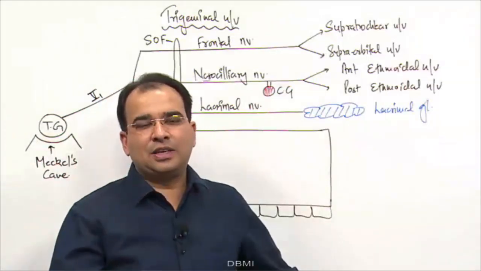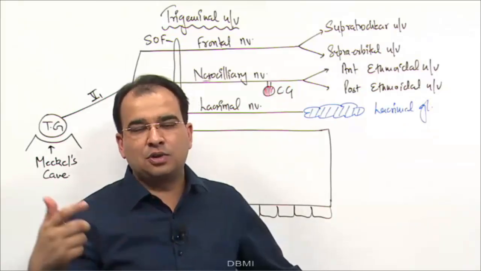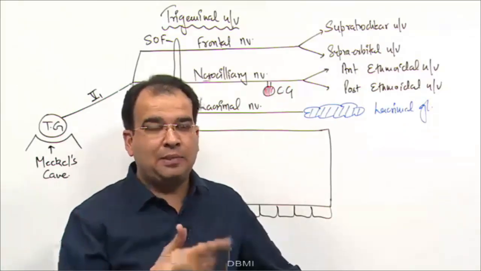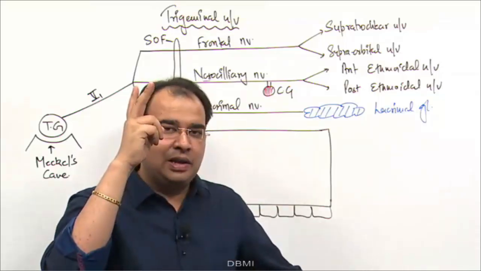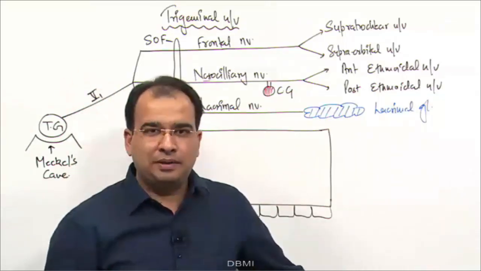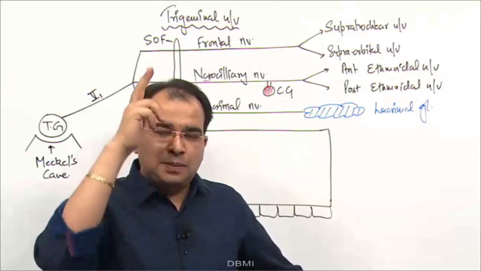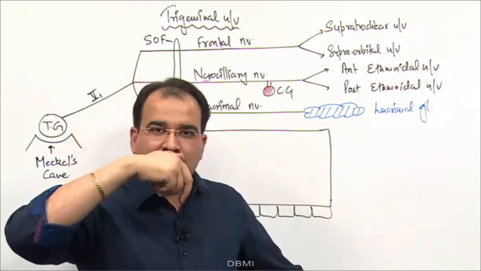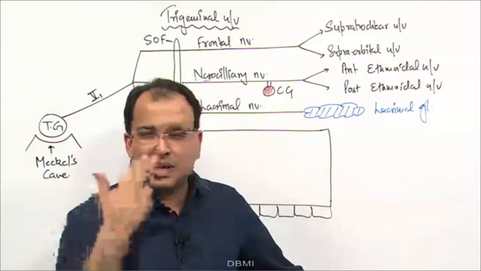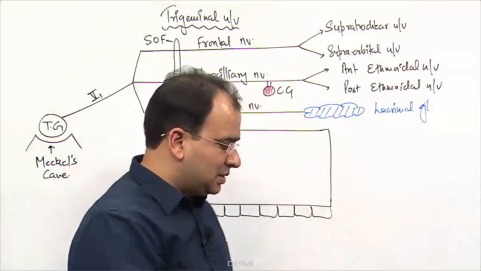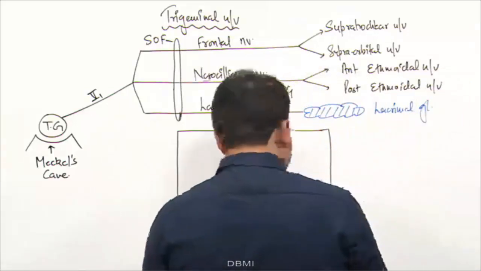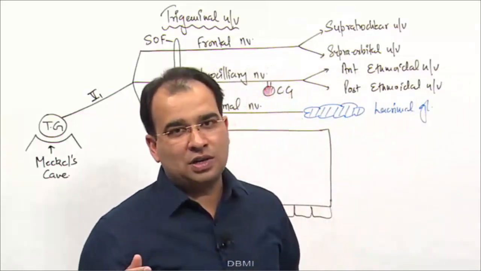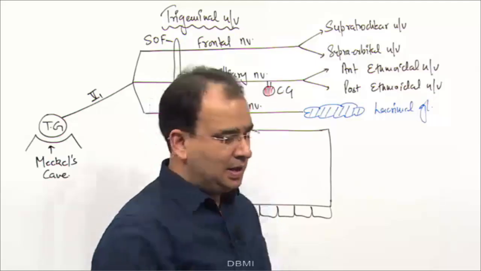Take any nerve XYZ, whether it's a branch of vagus or hypoglossal or trigeminal, mandibular, maxillary or even ophthalmic: if a nerve goes inside the cranial cavity, the intention is to supply the dura mater, and once it supplies the dura mater, then it comes into the nasal cavity. It supplies other structures like nasal mucosa and sinuses. So please note, they ask the question: which of the following structures is not supplied by the anterior ethmoidal nerve?